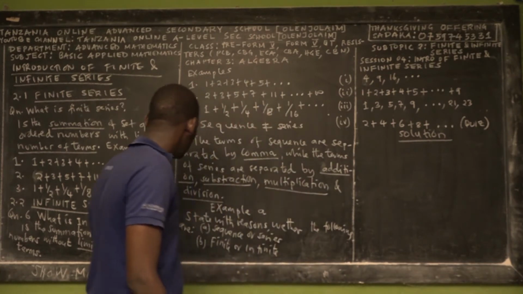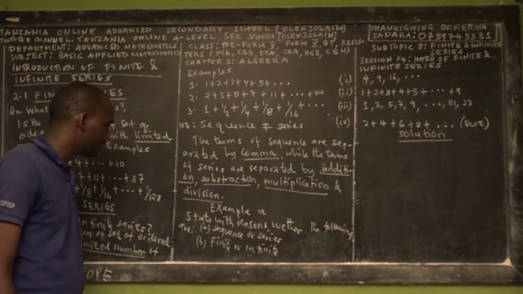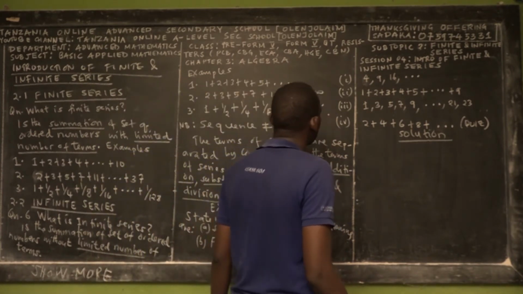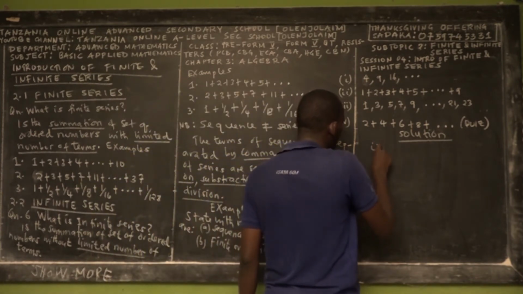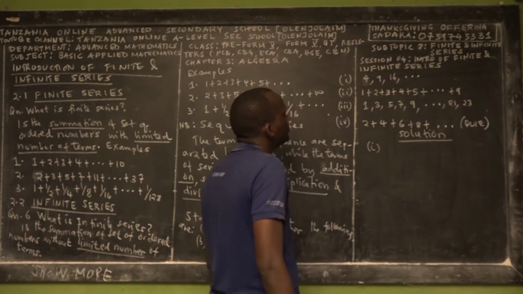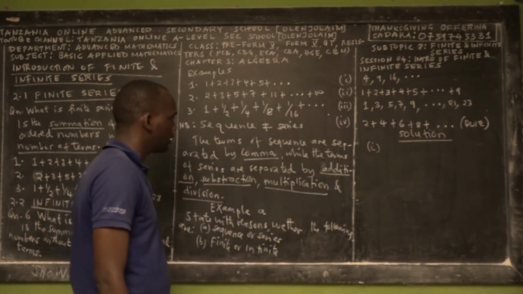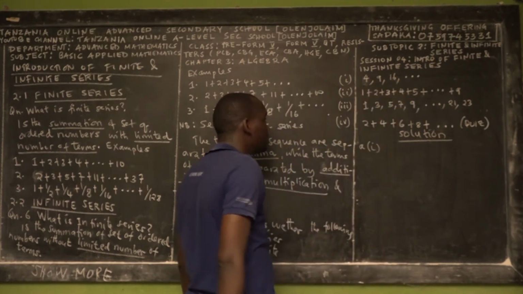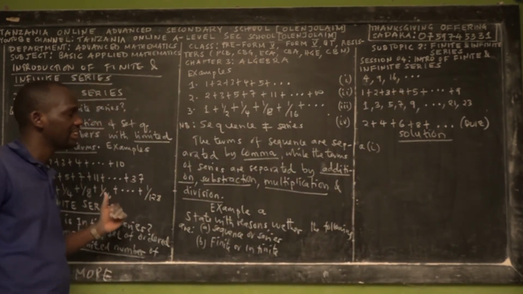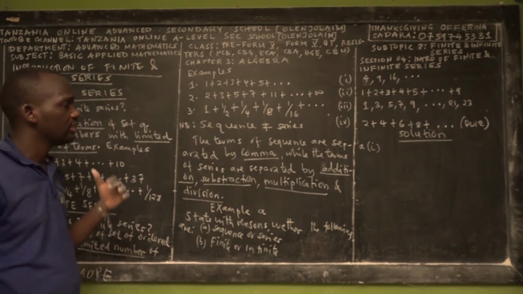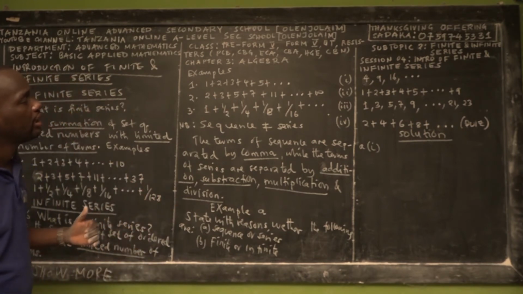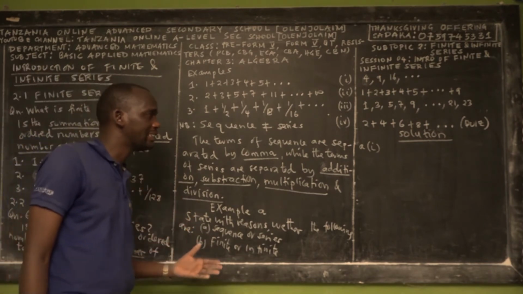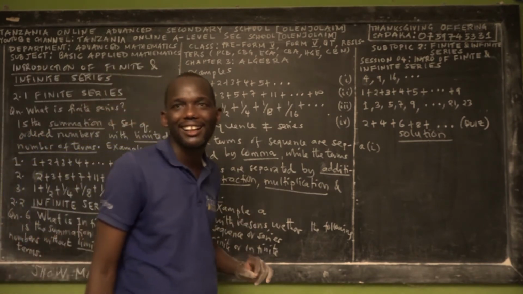Solution. State with reasons whether the following are a sequence or a series. So how do you state? Roman 1, first of all, this is A, Roman 1. It is a sequence. What is a sequence? A sequence is a set of ordered numbers which follow a certain rule, and consecutive terms are separated by commas.